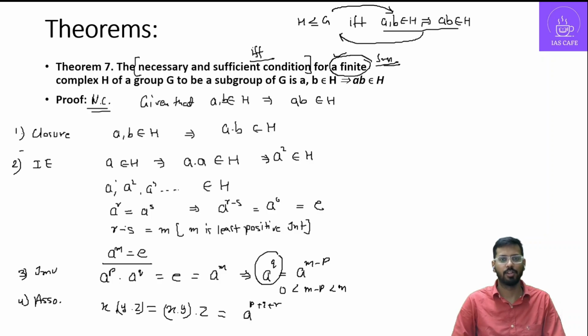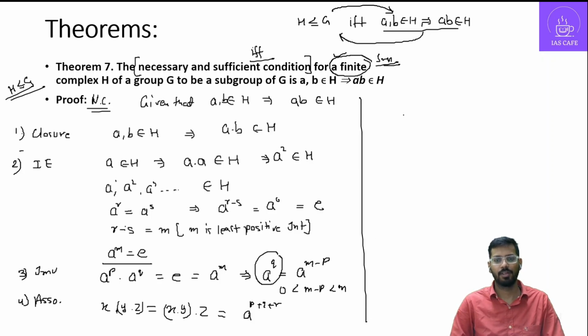So x is equal to a raised to power p, y is equal to a raised to power q, z is equal to a raised to power r. That will also be satisfied. So all four basic properties of a group are satisfied in this given subset H, then we will call it a subgroup. So from this, we can say H is a subgroup of G. That is the necessary condition. Now we will go for the sufficient condition.